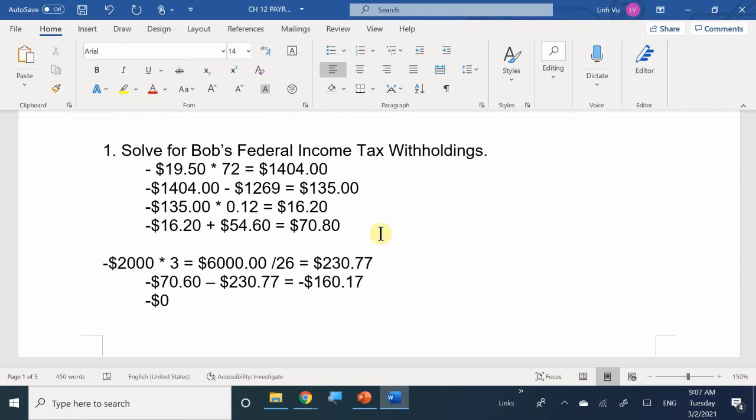That's what it currently is, so it should be the 70.80. Oh, I'm sorry, 70.80. My bad. I see. Okay, there you go, 70.80. So what is this now? Negative $159.97.